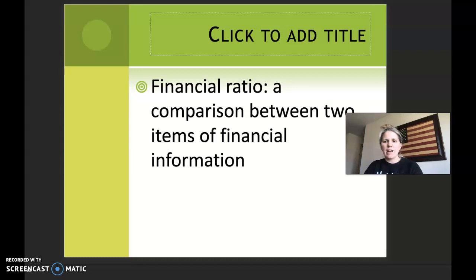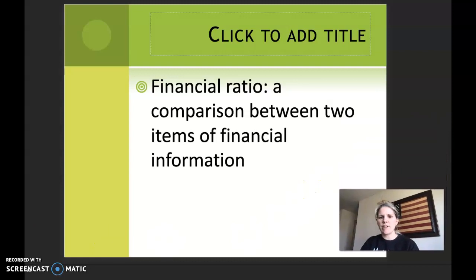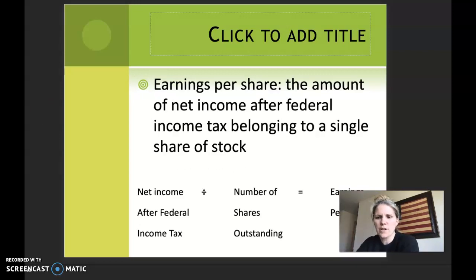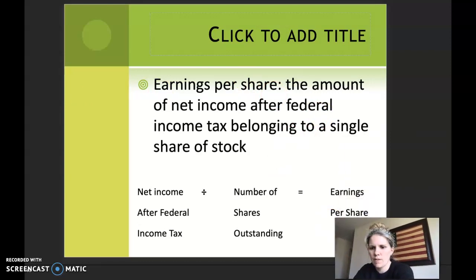Okay, then for the last things in 15-2, we're going to look at a couple different financial ratios. So what is a financial ratio? It's a comparison between two items of financial information. Okay, so our first financial ratio is our earnings per share.